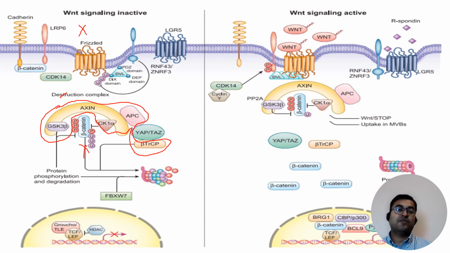GSK3 beta is going to phosphorylate the β-catenin, beta-TrCP is going to ubiquitinate the β-catenin, and because of this phosphorylation and ubiquitination, this β-catenin is going to get destroyed by the proteasome.